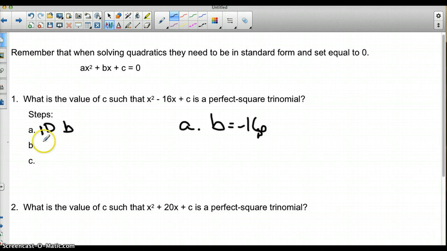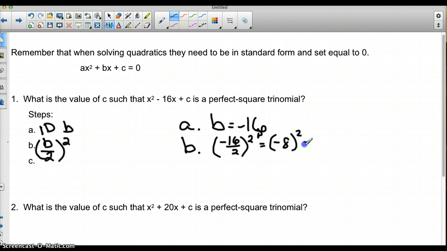Your next step, after you have identified what the b value is, is to do b over 2 and then square it. So in this particular instance, b is negative 16, so we're going to have negative 16 over 2, all squared. Negative 16 over 2 simplifies to negative 8, all squared, which simplifies to positive 64.